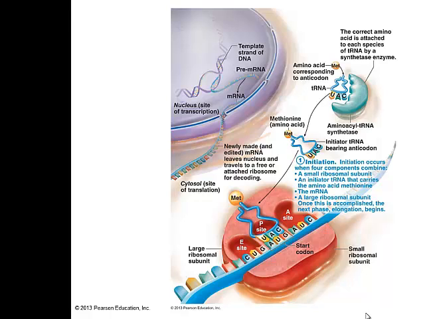Now look at the code in your book. The anticodon is on the transfer RNA, that thing that kind of looks like a little body, and then there's a little thing sticking up with a little circle on it. Everybody with me? Okay, so this is the transfer RNA. It's only going to lock into its complementary codon on the messenger RNA.